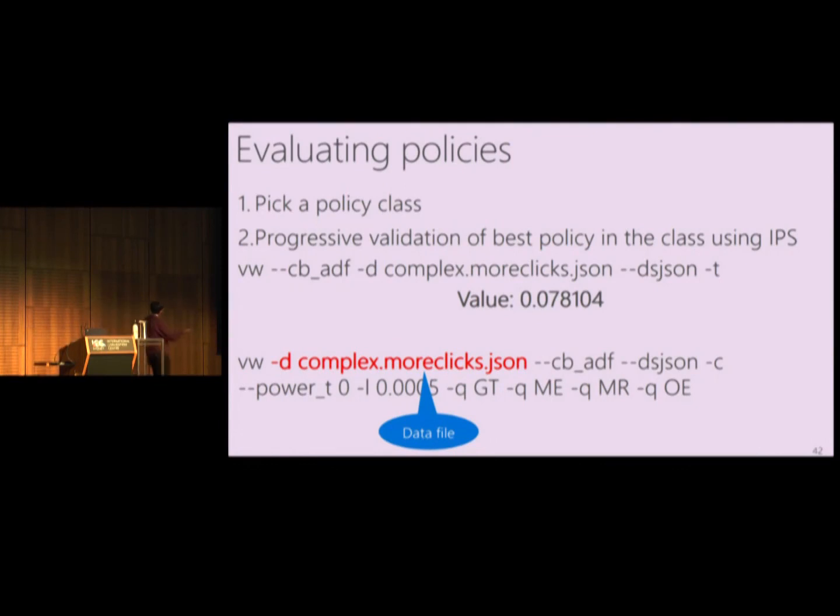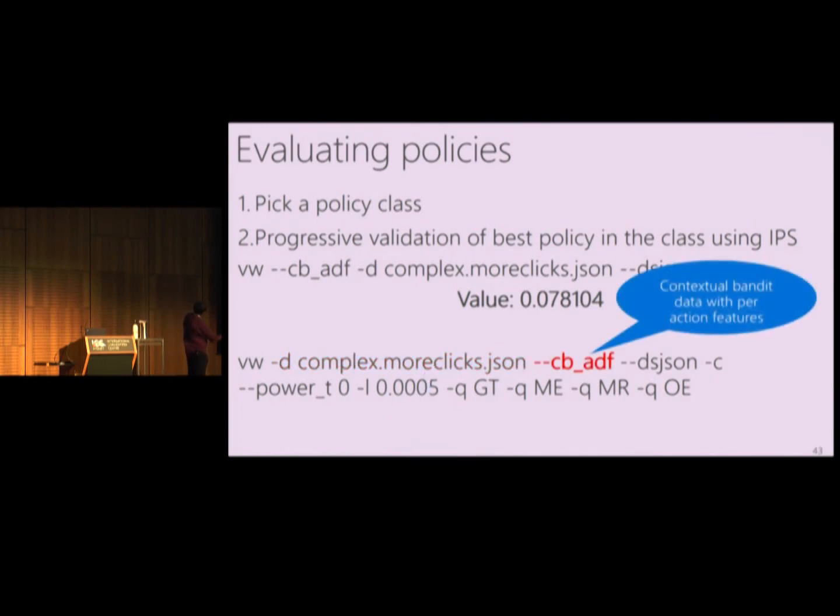So let's parse this command line slowly. There's the data set. This flag, CBADF, indicates to VW that I'm trying to solve a contextual bandit problem, and I have a data set where there are features associated with different actions. We saw that different articles had different features associated with them.